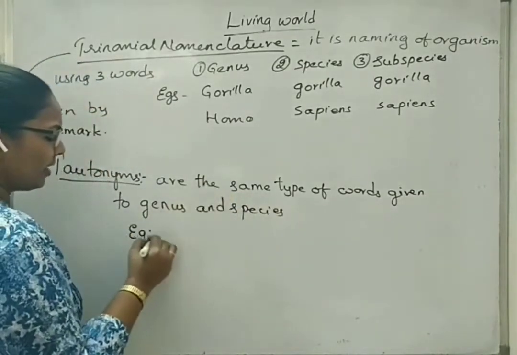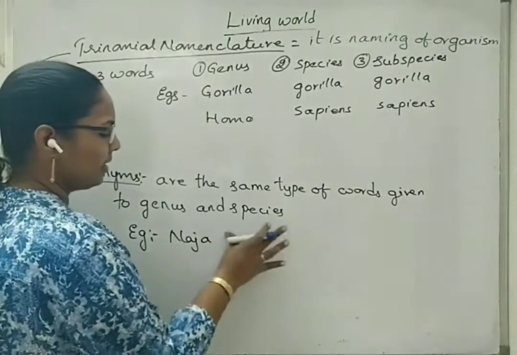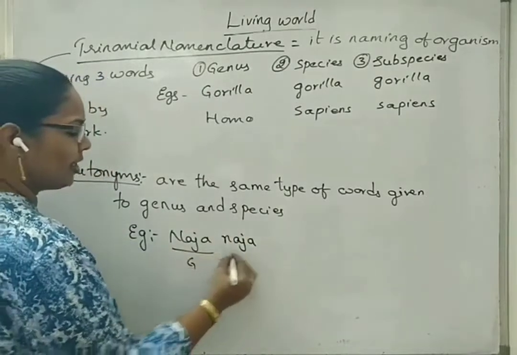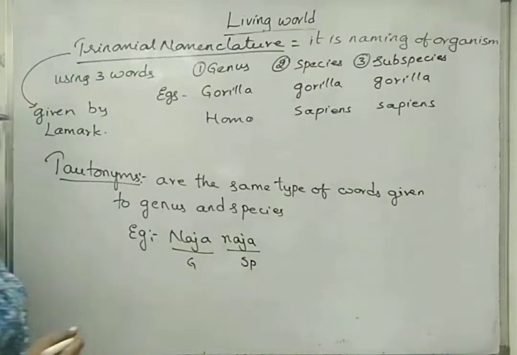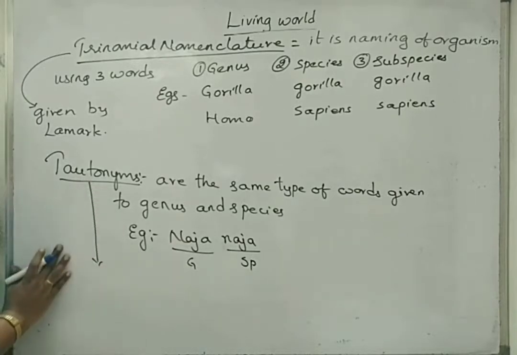Here example we can take Naja naja, that is Indian cobra. This is of genus, this is of species. So this process of giving same types of words for the organisms is called as tautonym. These tautonyms types of words are applicable only for animals, not to plants.